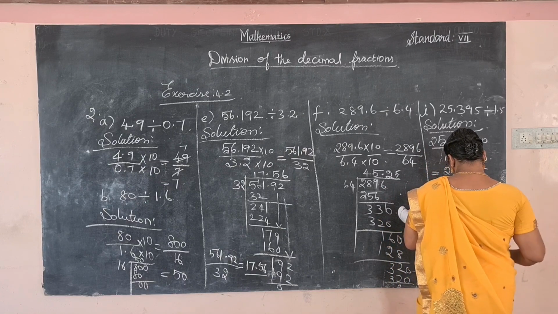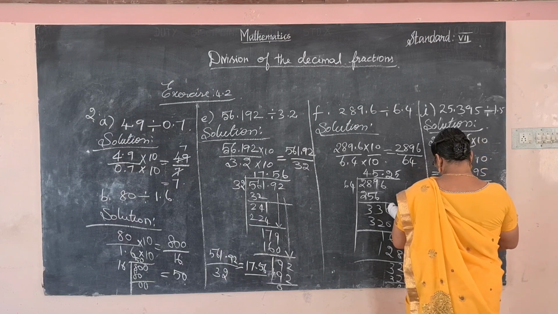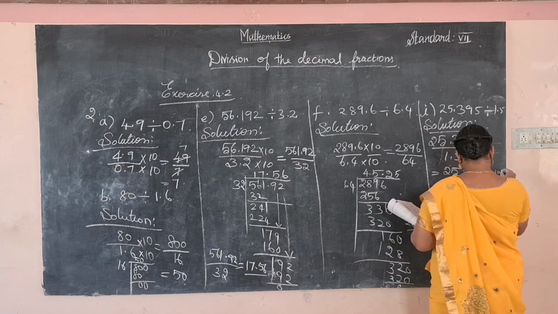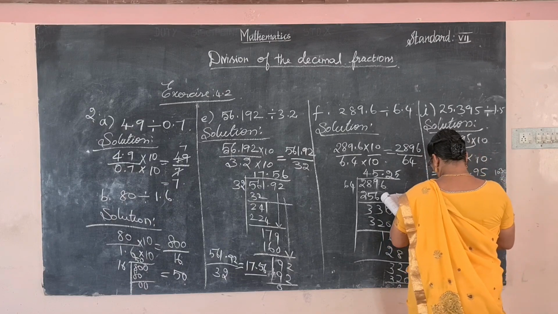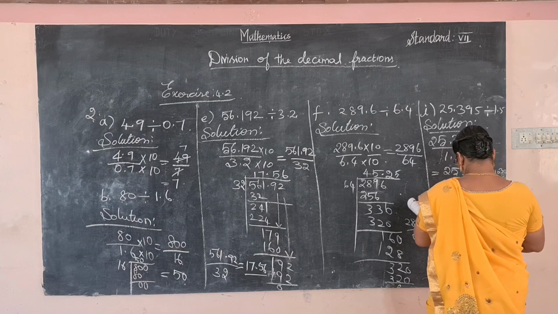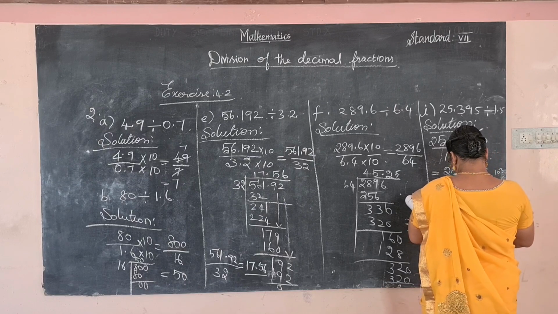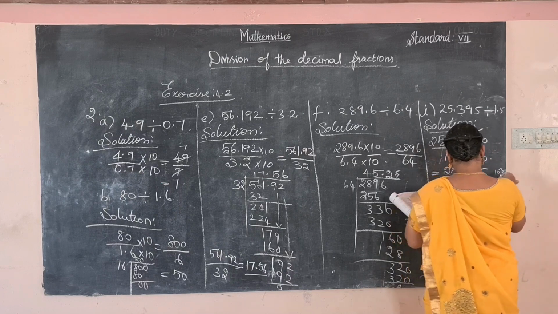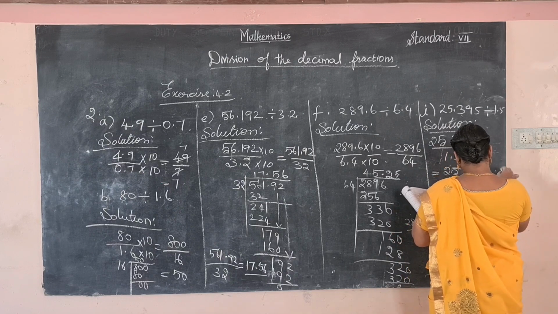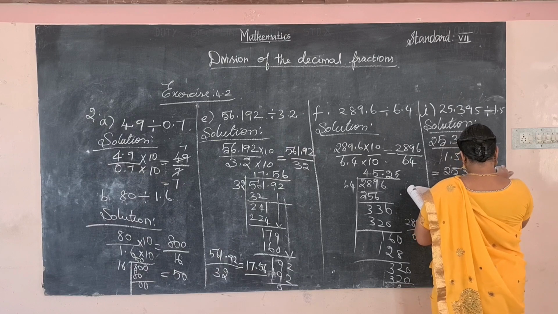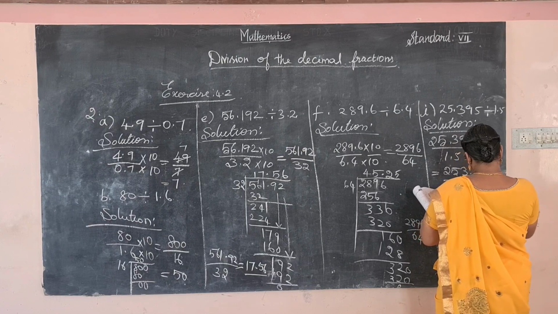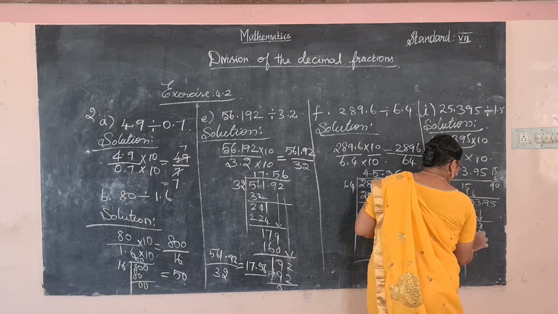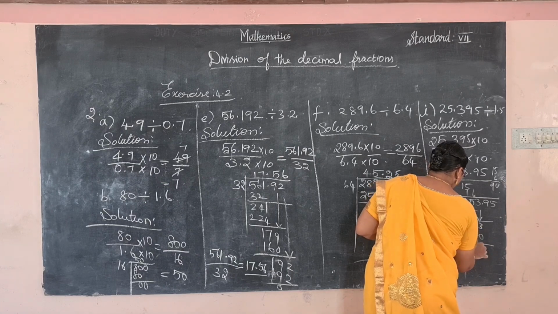How many times is possible? 15 sixes are 90, yes, 6 times 15 is 90. Subtract, 13.